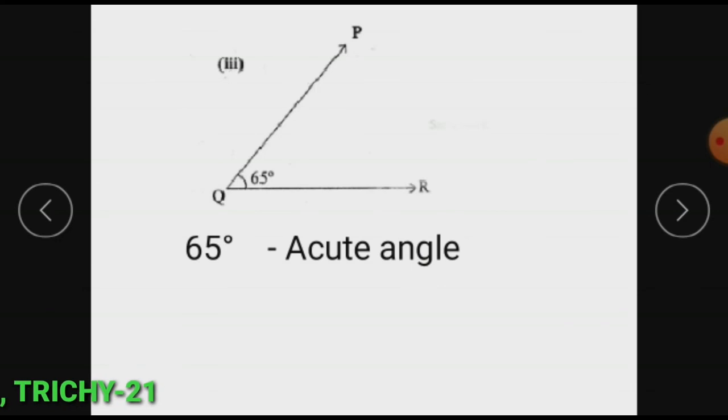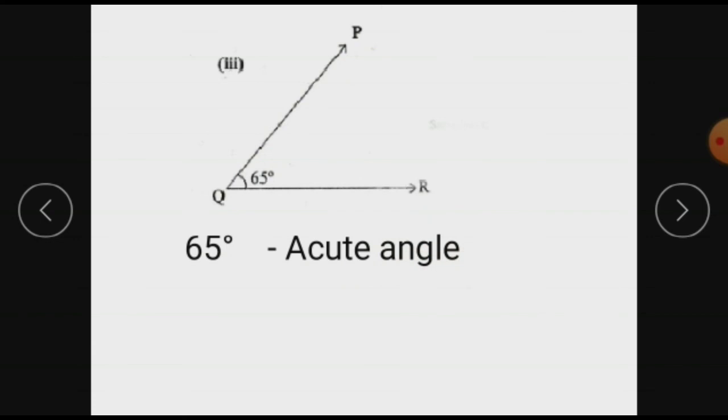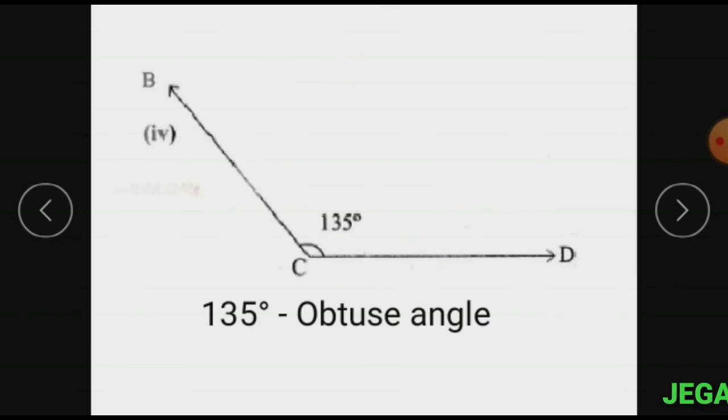Question number 3. The angle of the figure is equal to 65 degrees, which is less than 90 degrees. So we draw the figure, and the angle FOR is an acute angle. Question number 4.